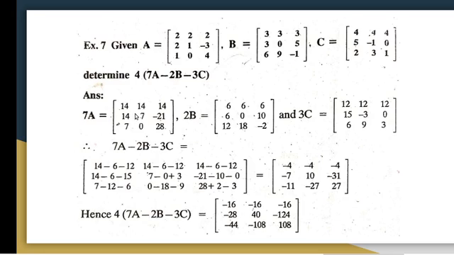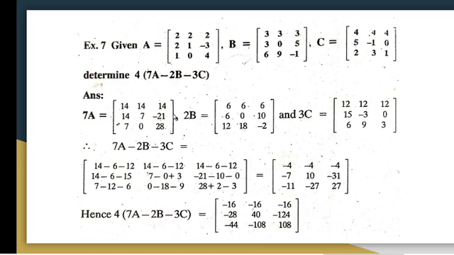Then 14 minus 6 minus 12, that will be the second element. Then 14 minus 6 minus 12, third element. Then 14 minus 6 minus 15. You have to subtract all the elements in their corresponding places. Then we will get a final matrix.